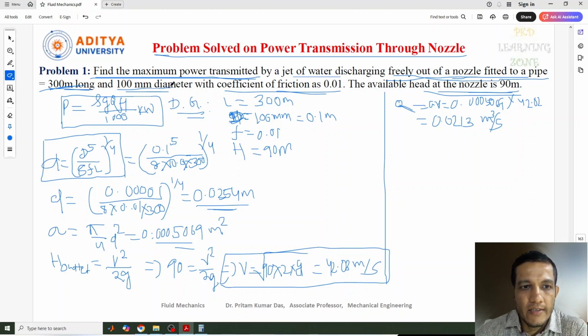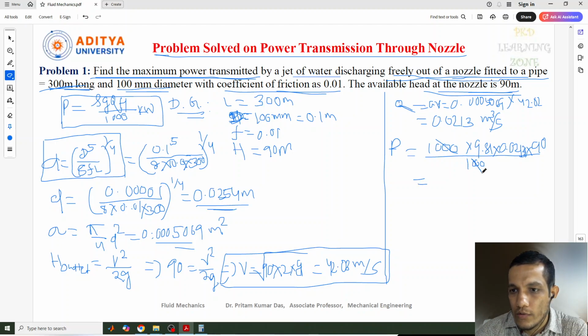Now what is our intention? Our intention is to calculate the maximum power transmitted, that is P equal to rho, the density of the fluid, that is water, 1000, G equal to 9.81, and Q, which we just calculated, 0.0213, and H, the outlet head, already given, 90, divided by 1000.